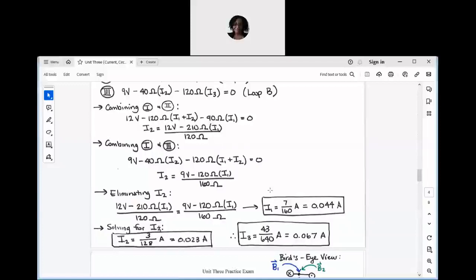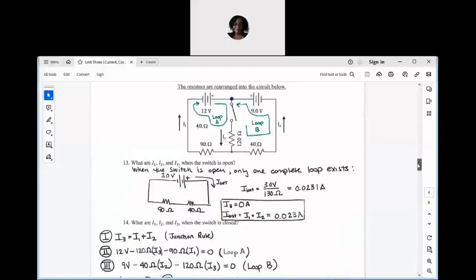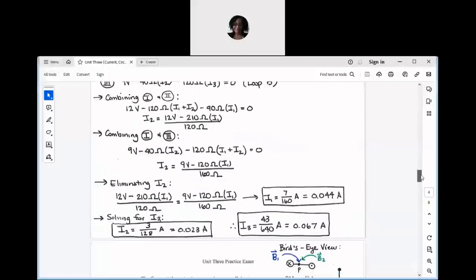Once I have I2, I know that I3 is just going to be the sum of I1 and I2. So I use the junction rule. That's equation 1 further up on the screen. And I have 0.067 amps. That is the current that I have labeled as I3.